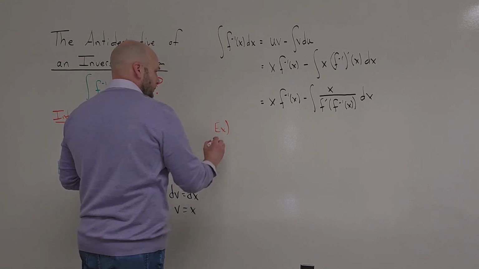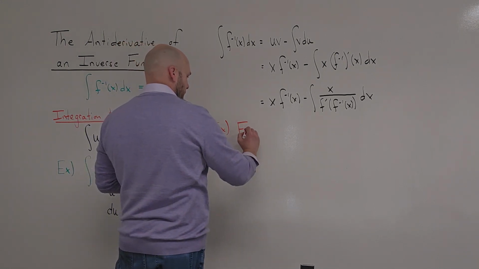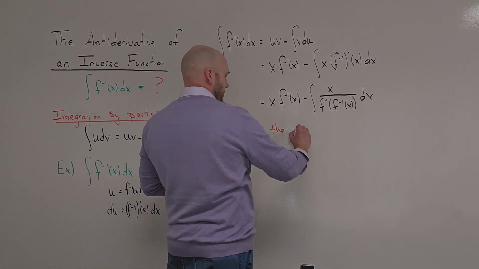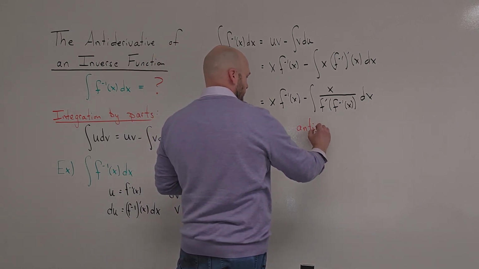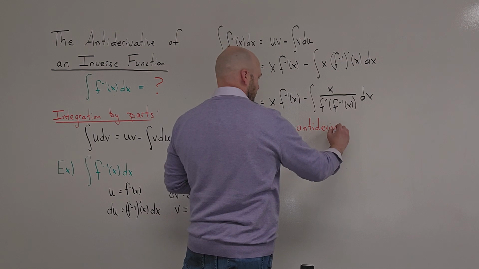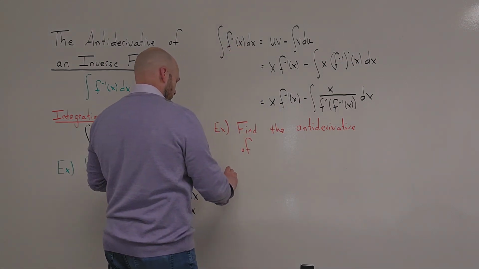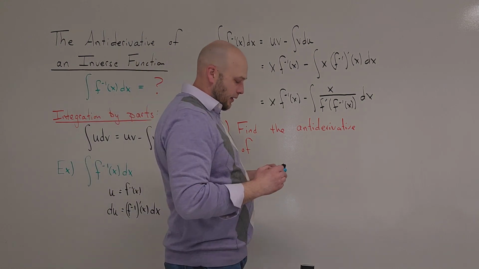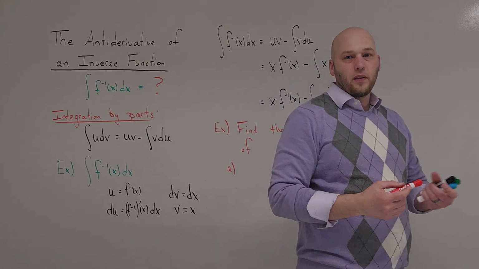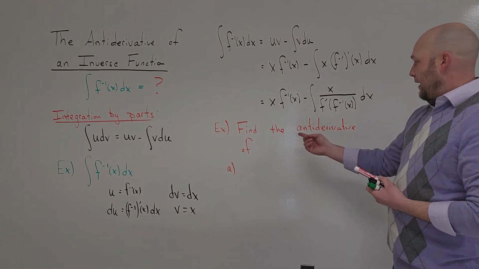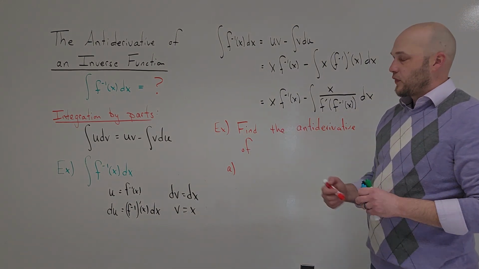For example, find the antiderivative of, technically I should say find the set of all antiderivatives, which would be the indefinite integral, or we could just say find an antiderivative and put a specific constant on the end.